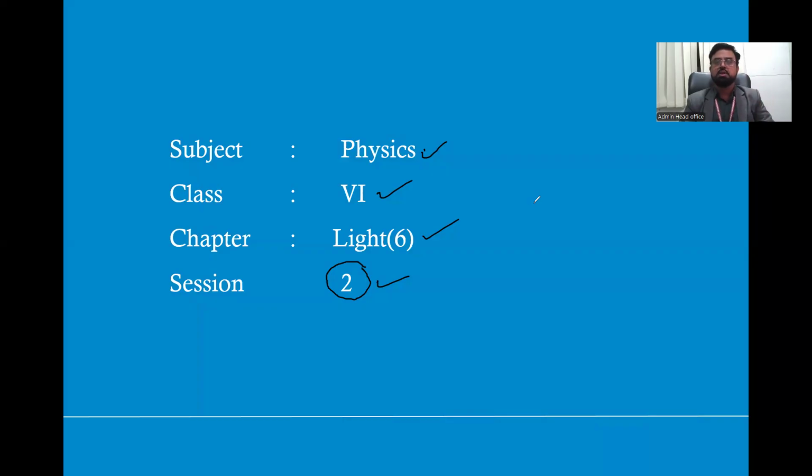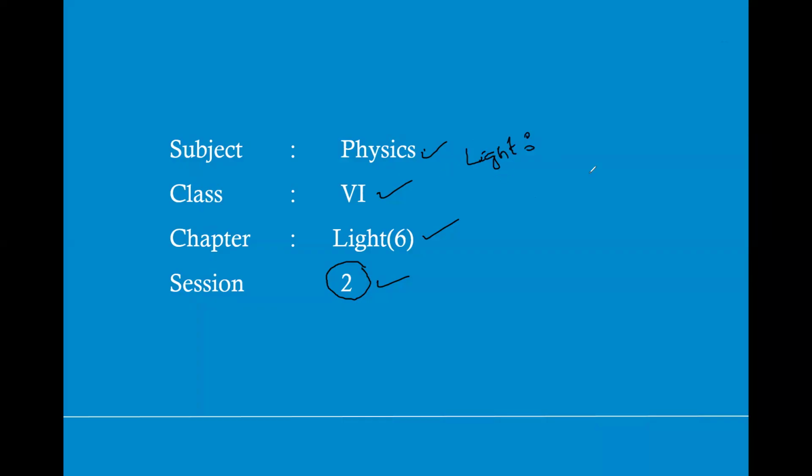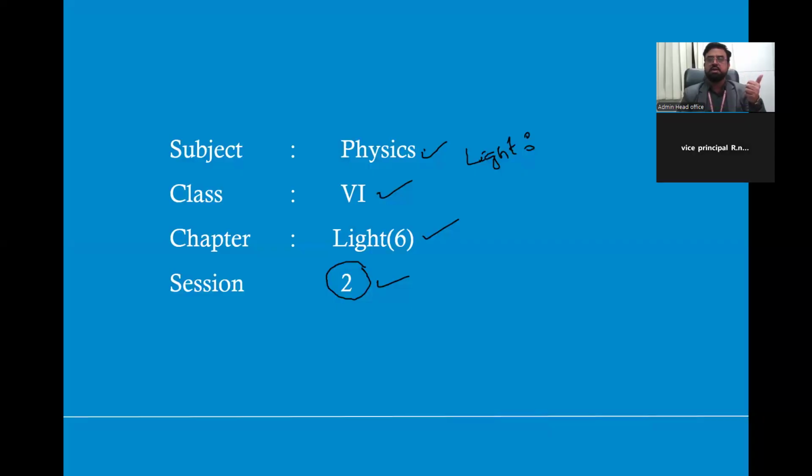But before that, let us recall what we learned in the last class. We started with light. What is light? Light is a form of energy which makes objects visible for us, because we cannot live in darkness, or identify any object in darkness.